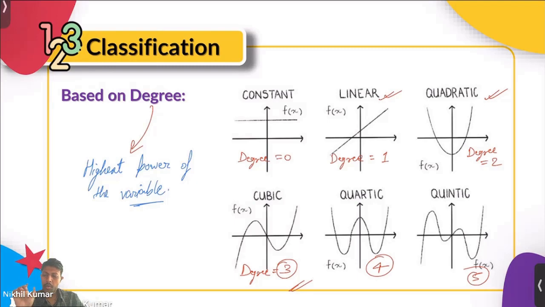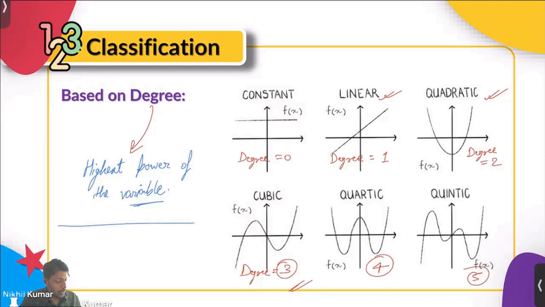Now every term will have a variable, and that variable would have been raised to some power. So every term will have a degree. What is the degree of the entire polynomial then? The degree of the entire polynomial is the same as the degree of that term which has maximum power on the variable. Let's understand this with the help of an example.